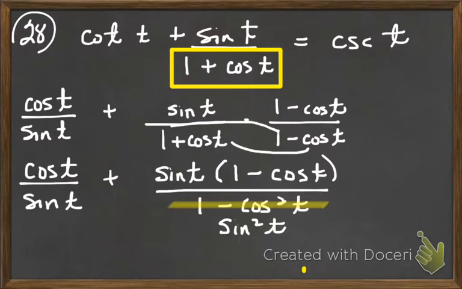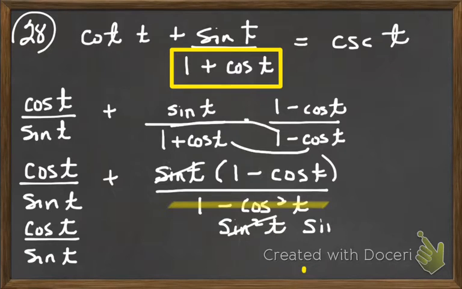All right, so bring down your cosine over your sine. Something happens. What simplifies in the right-hand part of our problem? You can cancel the one sine in the top with the sine squared in the bottom, and then you'll just have a sine in the bottom.